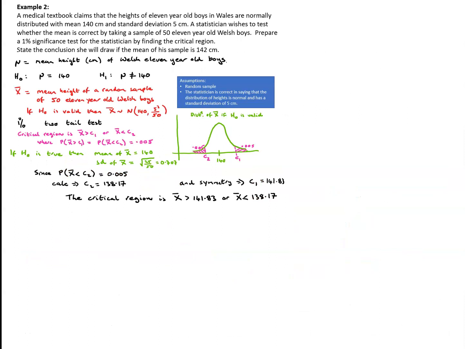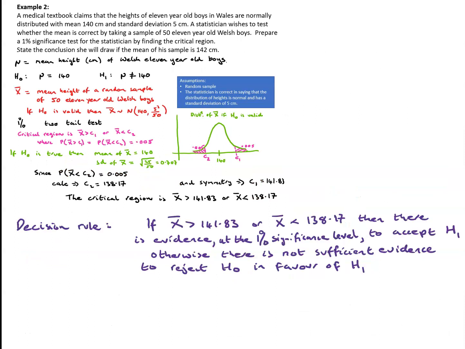So our decision rule is that if the value of the sample mean is bigger than 141.83 or smaller than 138.17, then there is evidence at the 1% significance level to accept the alternative hypothesis. Otherwise, there is not sufficient evidence to reject the null hypothesis in favour of the alternative hypothesis.